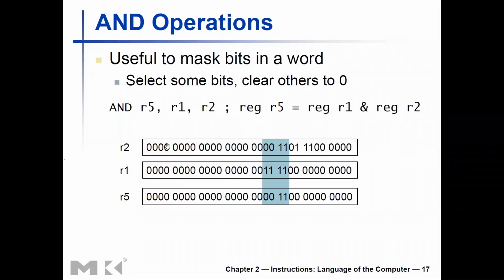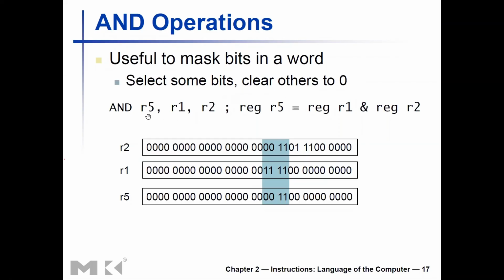We can go directly to this example so that you understand the idea better. Masking means selecting: you can select certain bits in a register and clear other bits to 0.